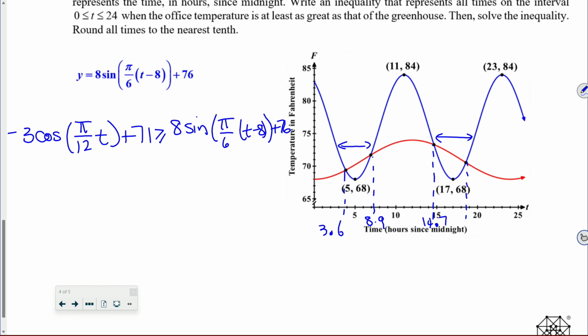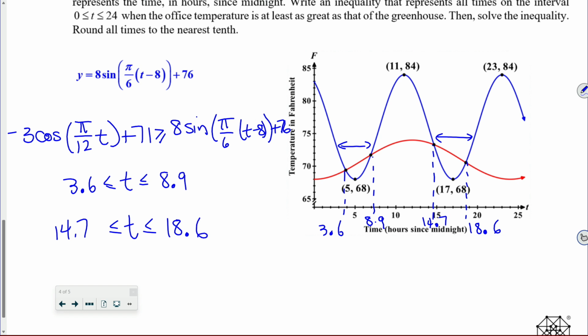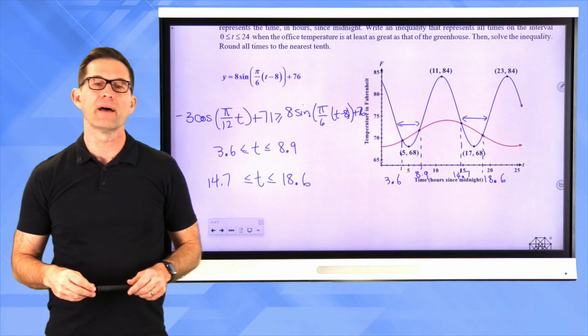I really should have the exact intersection point sitting on there, and I don't. I apologize for that. And 18.6. And so I can say that this is valid for the time period that's between 3.6 and 8.9 hours, and for the time period that is between 14.7 and 18.6 hours.